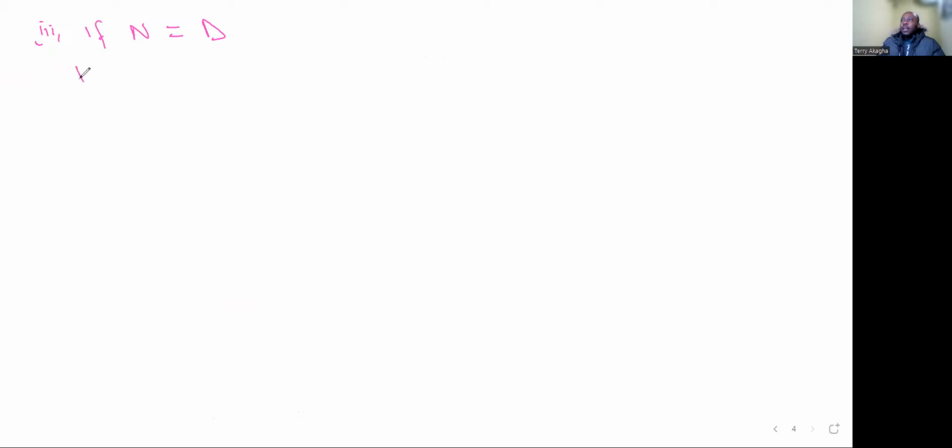Then the horizontal asymptote is y, which is the ratio of the leading coefficient of the numerator and the leading coefficient of the denominator.